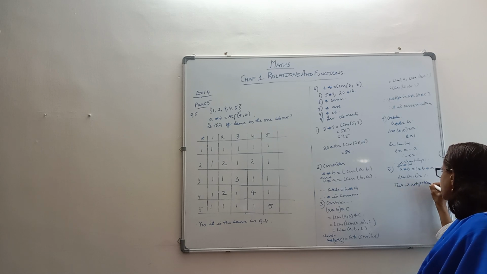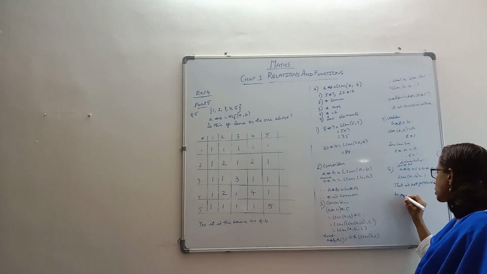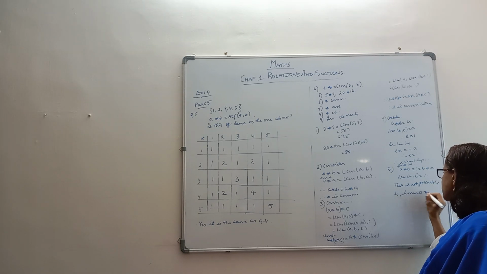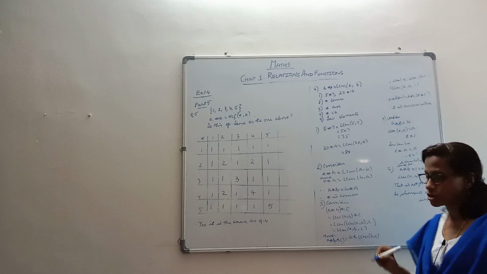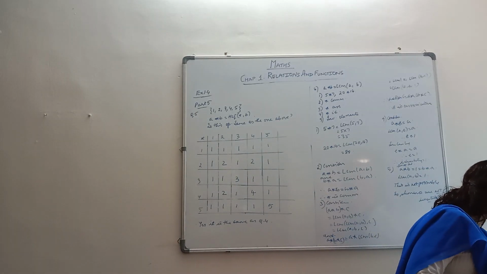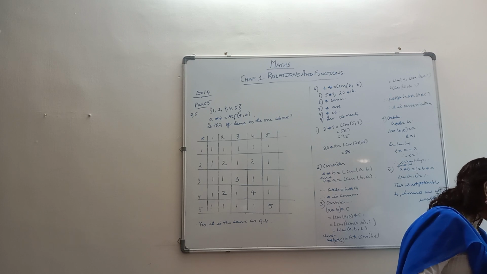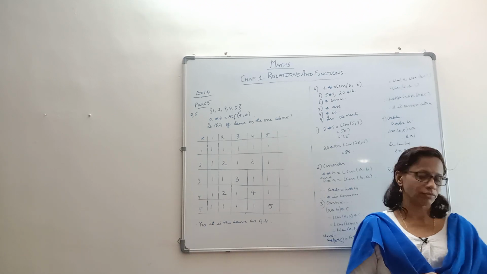Elements are not invertible. That's what they asked us, whether it is invertible. At most, 1 can be invertible. The others are not invertible at all.